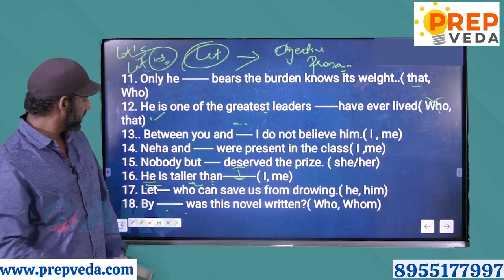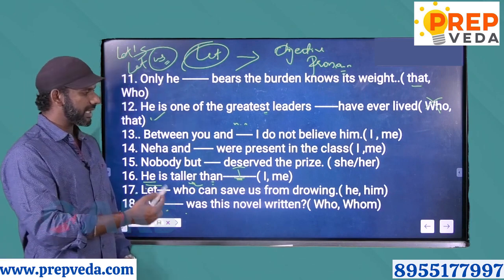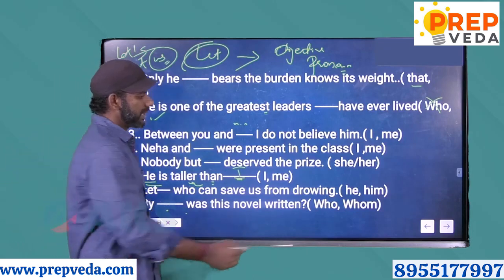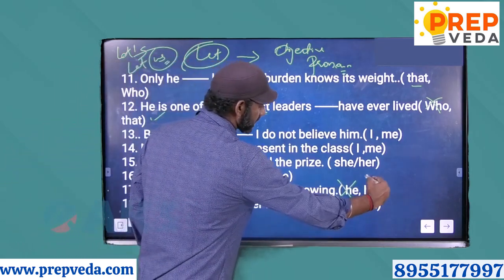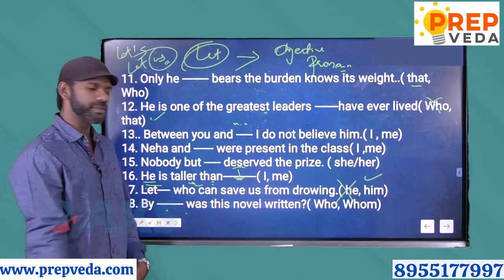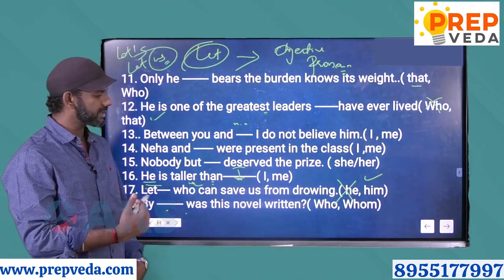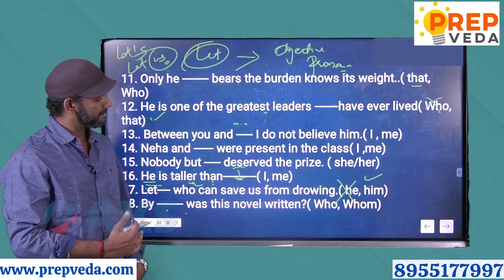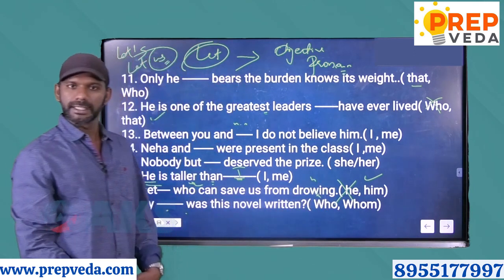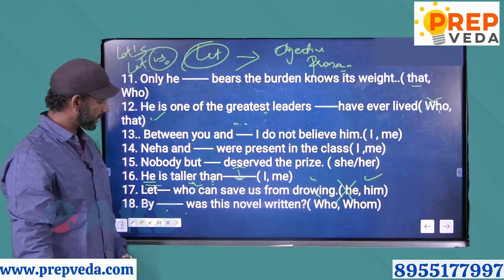So in this case, let dash who can save us from drowning. This blank must be filled with an objective pronoun. Based on that, he is eliminated and so it must be him. He is subjective, whereas him is objective. So let him who can save us from drowning. Clear? Come on, next one.